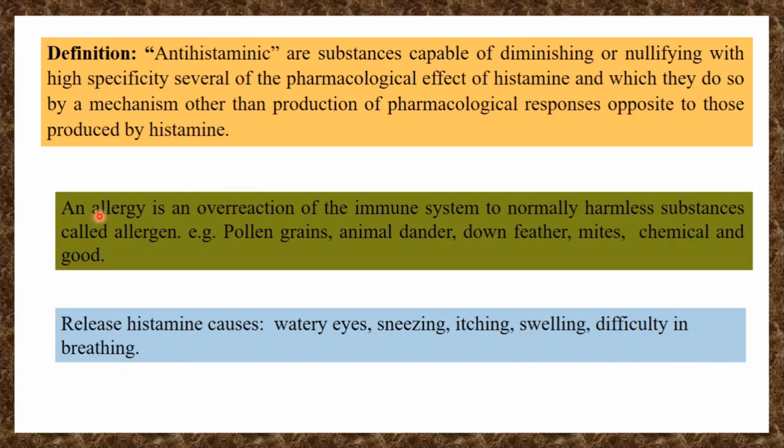So we'll see what is allergy. An allergy is an overreaction of the immune system. Allergy is defined as an overreaction of the immune system to normally harmless substances called allergens.